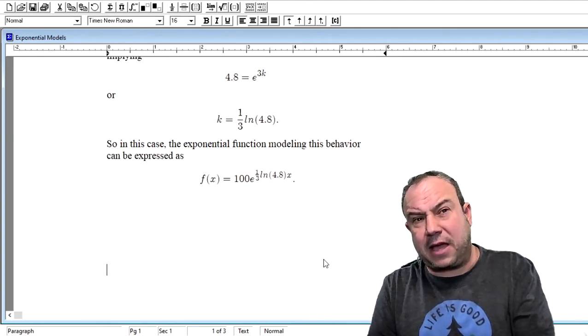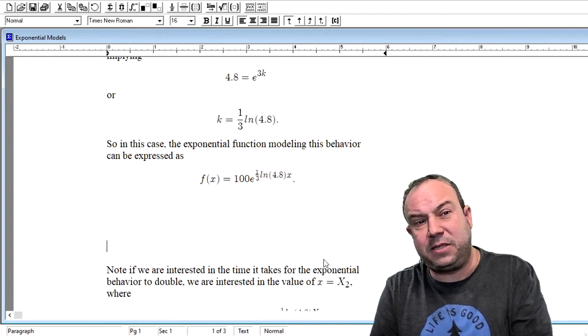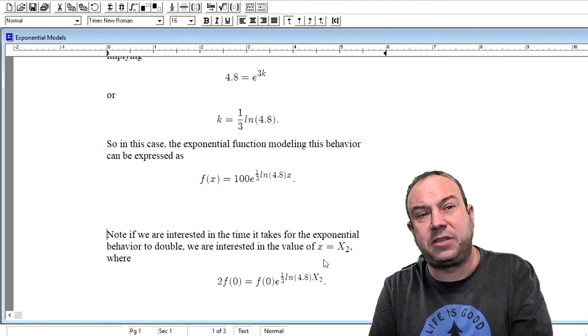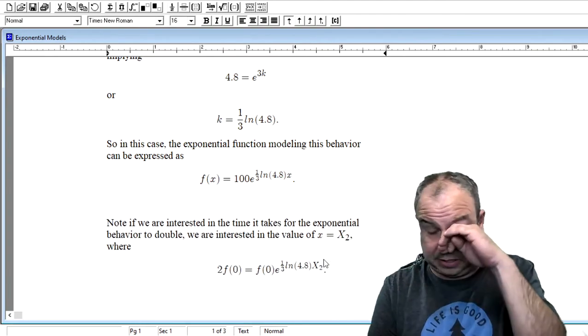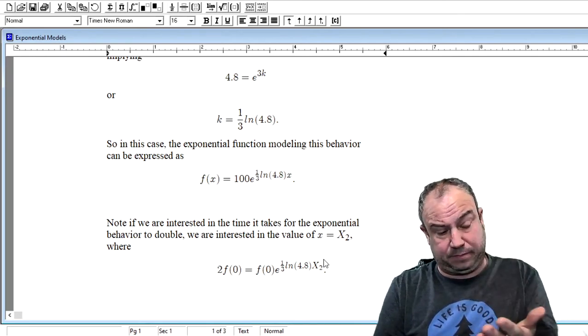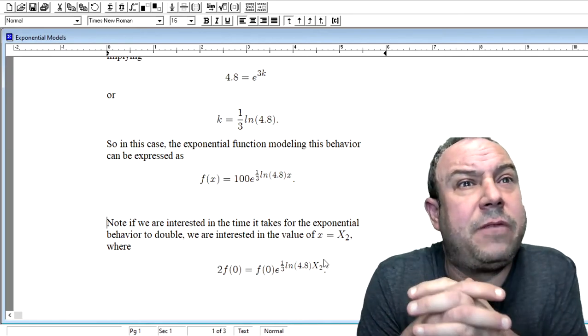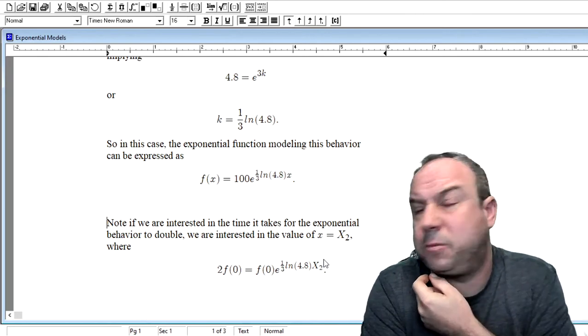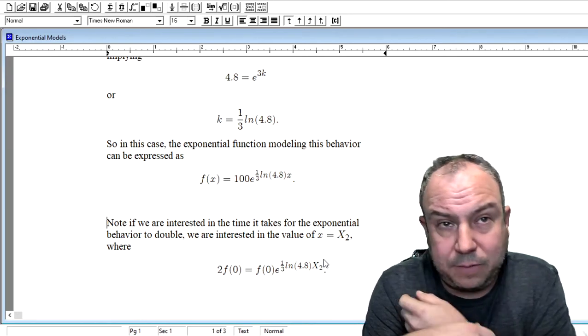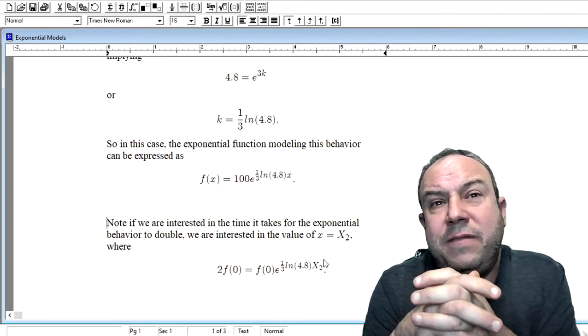Now, I do think I get into an analysis of half-life here. Or doubling time and half-life, we should say. If we are interested in the time it takes for the exponential behavior to, for instance, double, we are interested in the value of x.